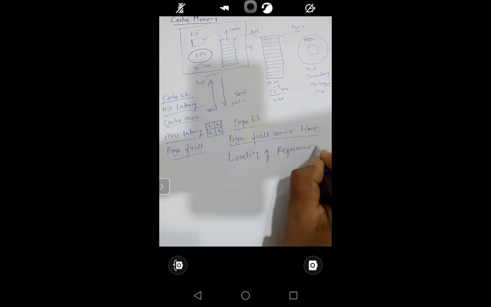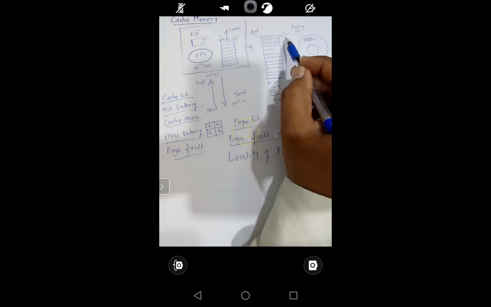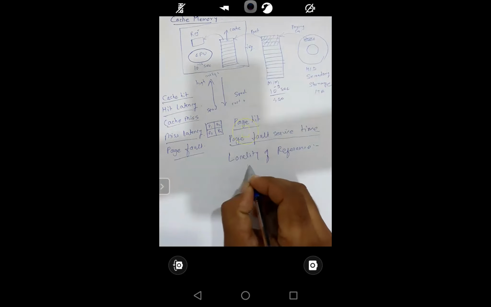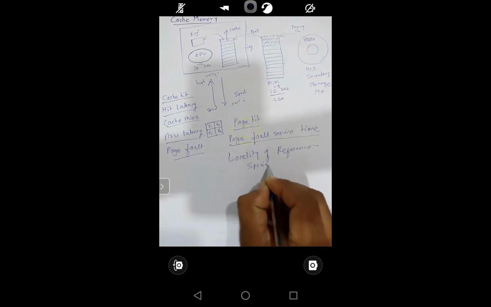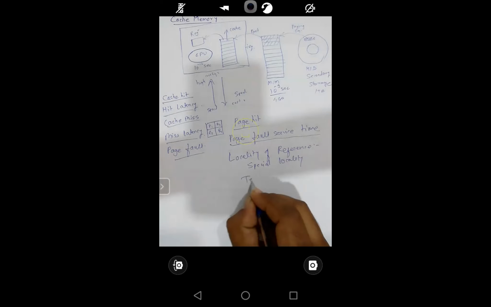The CPU wants one element, but because of the locality of reference concept, we also transfer the nearby elements into the main memory. There are two types of locality of reference. One is spatial locality, and the second one is temporal locality.